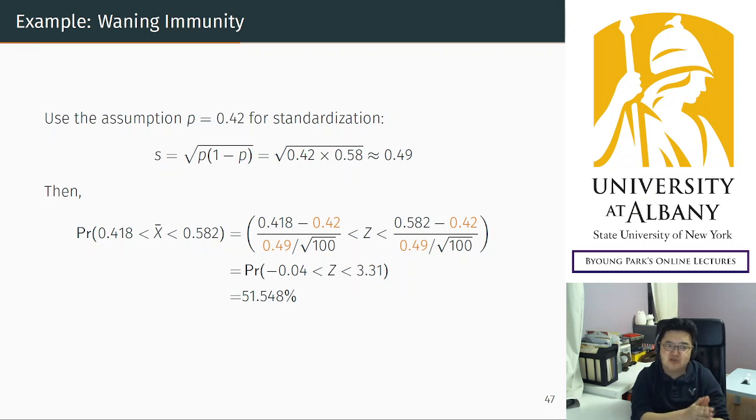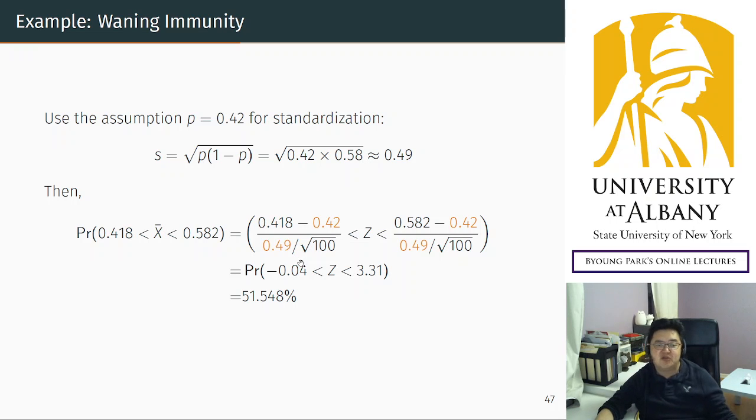In the binary distribution, standard deviation follows directly from the single parameter p, so you have to consider that. In this case, it's not a clear number, and I will simply approximate it to 0.49. So you have to use the assumption here, 42%, and the standard deviation here. This is the major difference of binary distribution from the earlier examples.